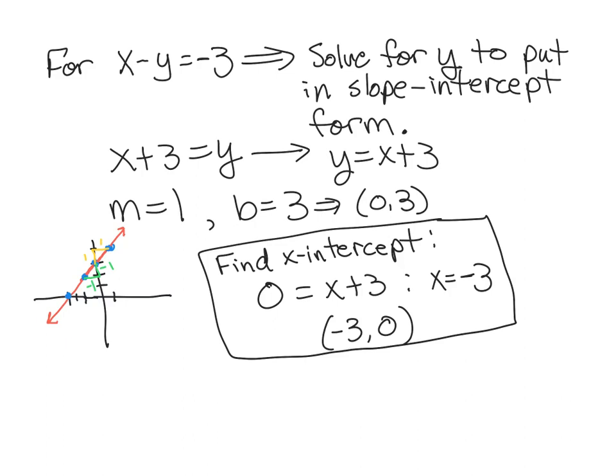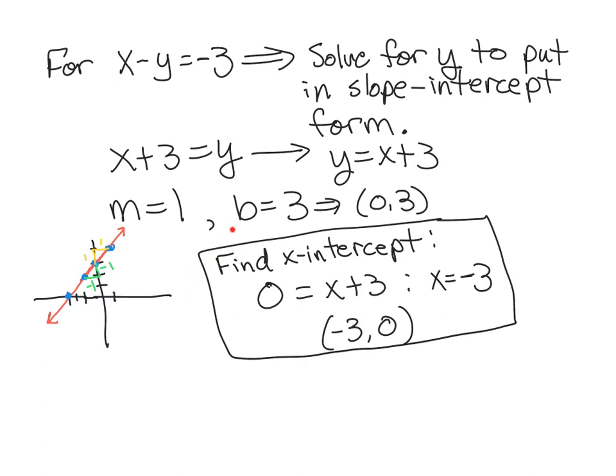If I plot the point that I know, my y-intercept right here at +3, and I have rise over run as 1 over 1, then from a point I know I can count up 1 over 1 and make a dot. But +1 is also -1 over -1, so I can also go down 1 and backwards 1 and make a dot.